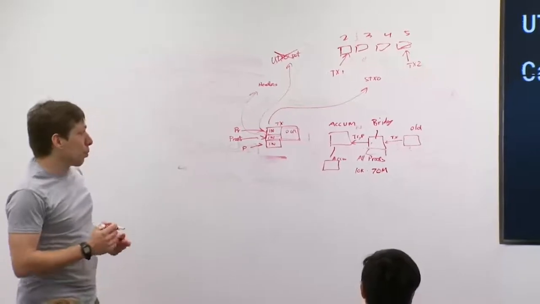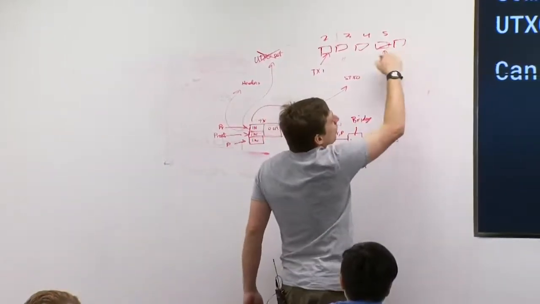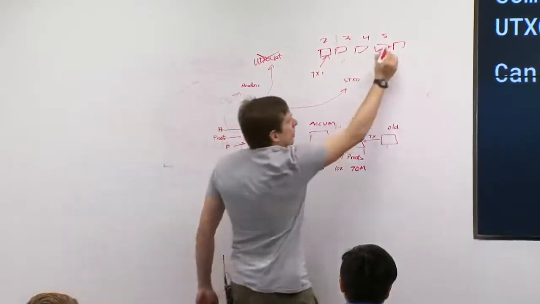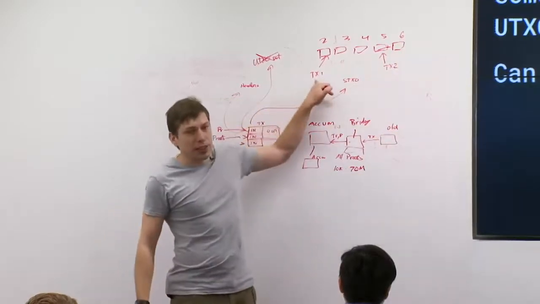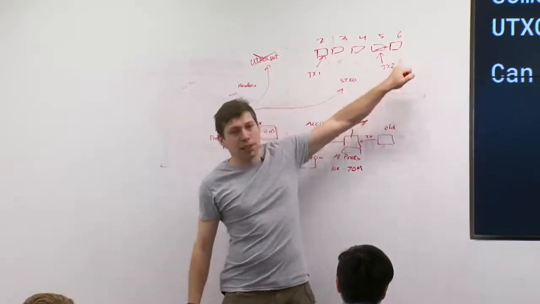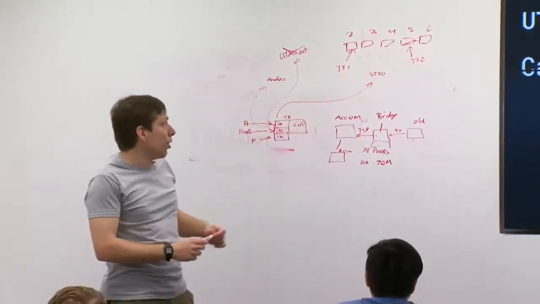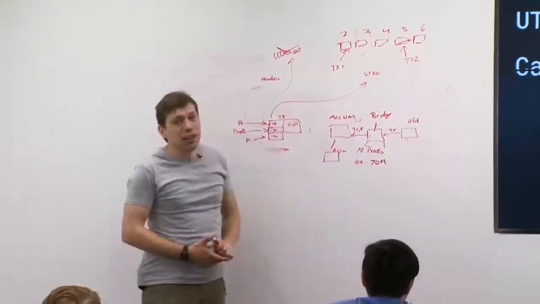But how do I prove that the outputs from transaction 1 still exist at block 6? You're stuck, right? You basically have to go through blocks 3 through 6 and look at the whole thing.